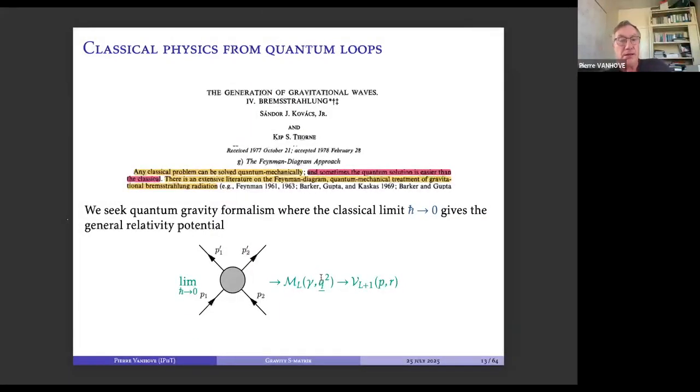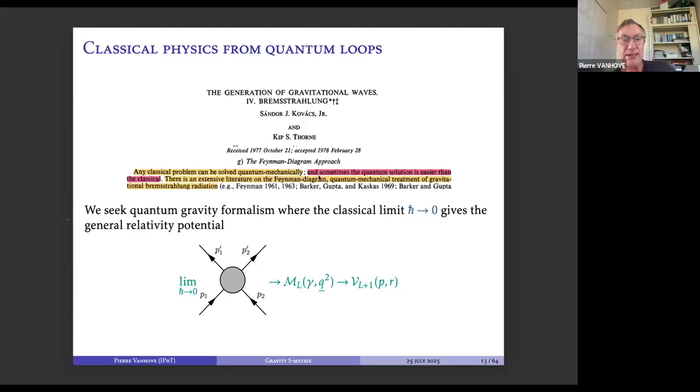So the idea behind the method that I'm presenting in this lecture is not new, because in 1978, Kovacs and Thorne already stressed that any classical problem can be solved using quantum mechanics methods.